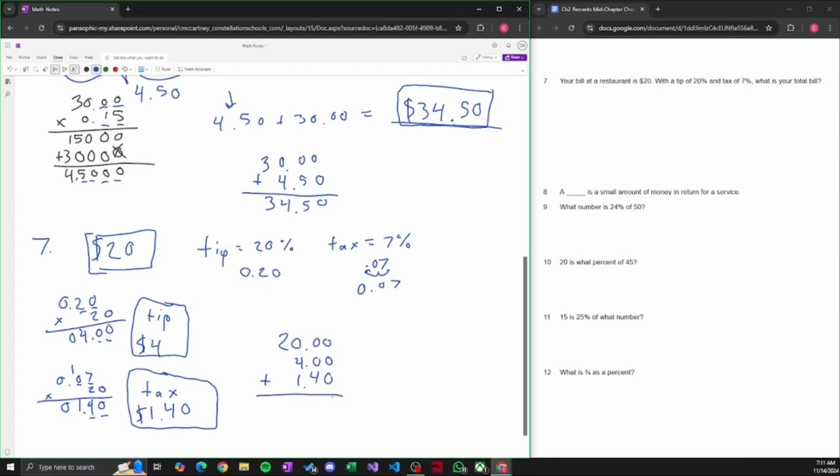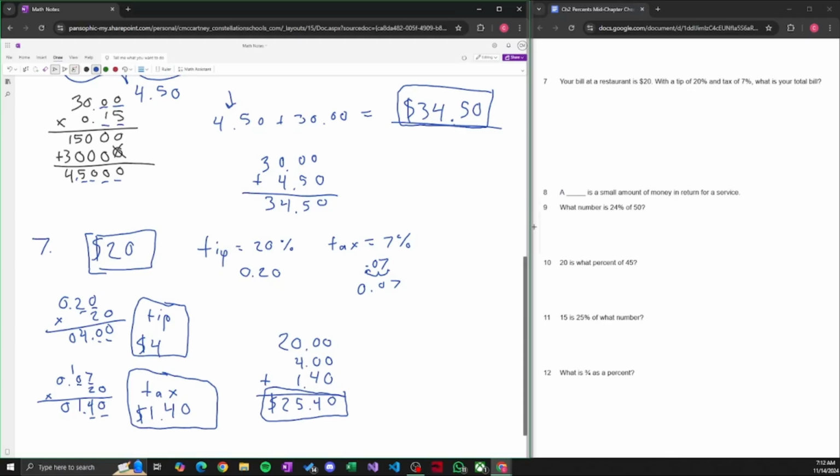Can add the cents, 0 and 4, and add the single digit dollars, 0, 4, 1, give us 5, 2 would be 2. So our total is $25.40. That would be our bill plus the tip plus the tax.